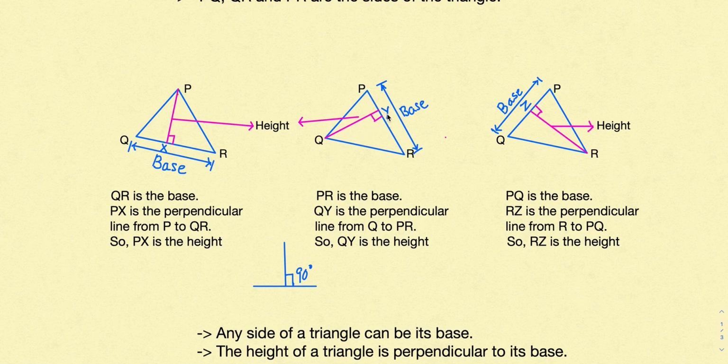So in this case PY is the height. Now for the third figure, we have changed the base again. Now the base is PQ, so the height is RZ, because it's a perpendicular drawn from the third vertex R on the base, which is PQ.